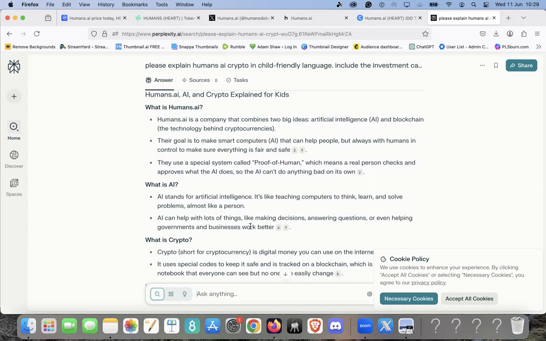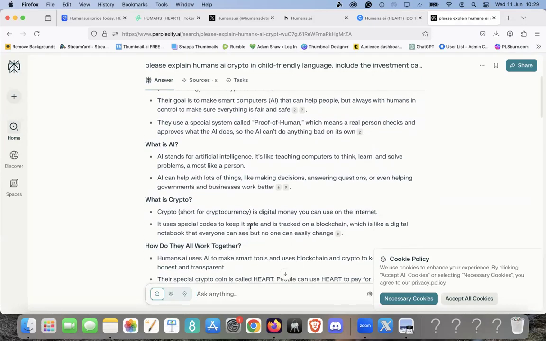So that's the technology behind cryptocurrencies. The goal is to make smart computers that can help people, but always with humans in control, and make sure everything is fair and safe. They use a special system called proof of human, which means a real person checks and approves what the AI does, and the AI can't do anything bad on its own. This is something to note.